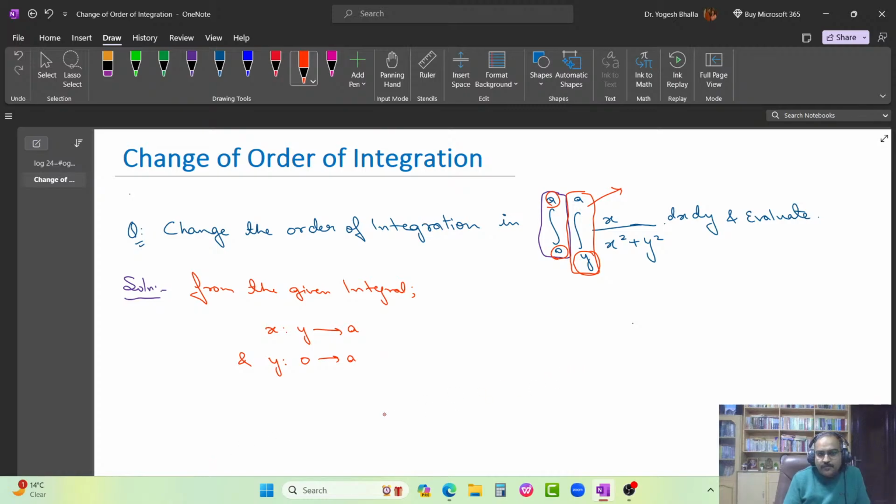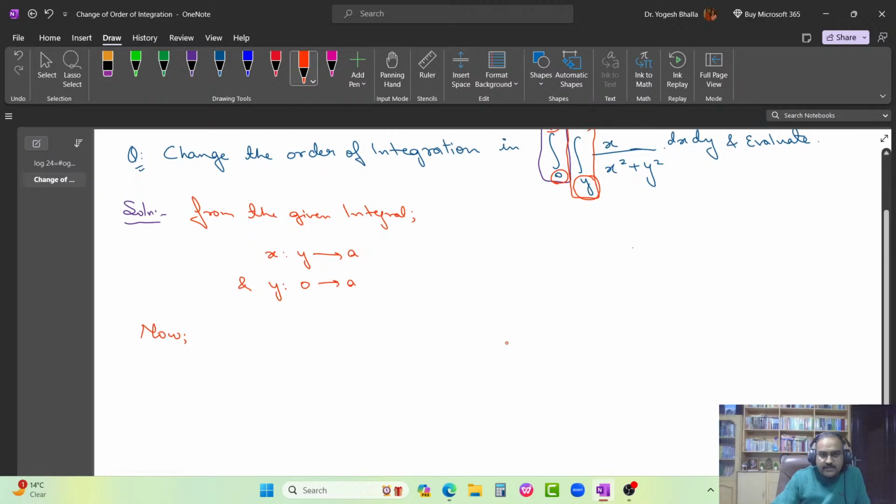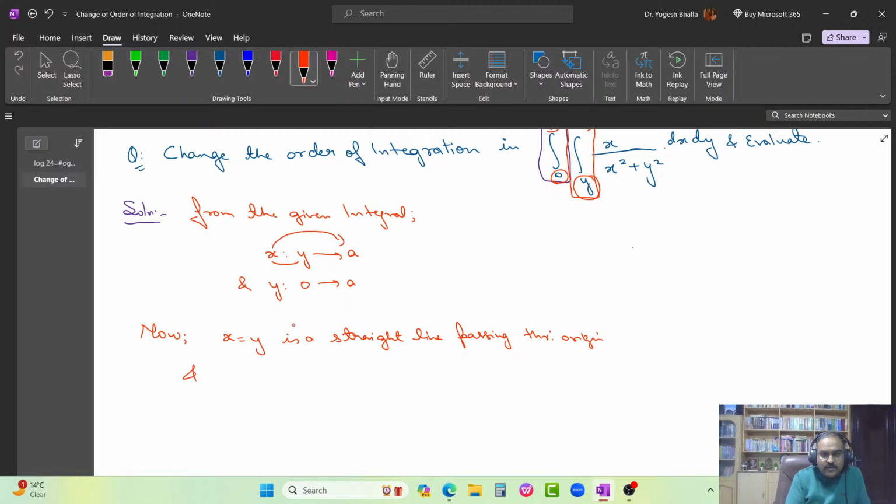Now we have to draw the diagram first of all. That is the main part. What about x equal to y? X equal to y is a straight line passing through the origin, and the second is x equal to a, a line parallel to the y axis.